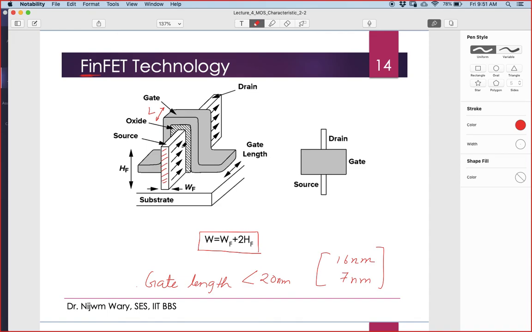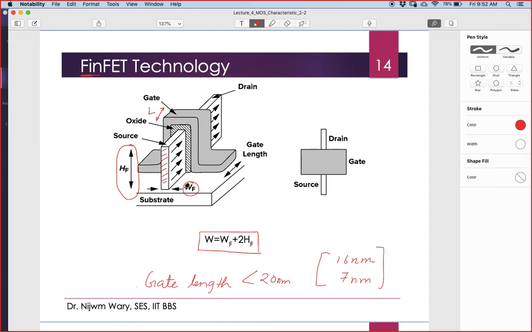This is one fin, and this W is fixed because HF is fixed for a process, and even WF is fixed for a process, because from a designer's perspective, he cannot play around with HF or with WF. So W is fixed. But then how do you go for multiple W?